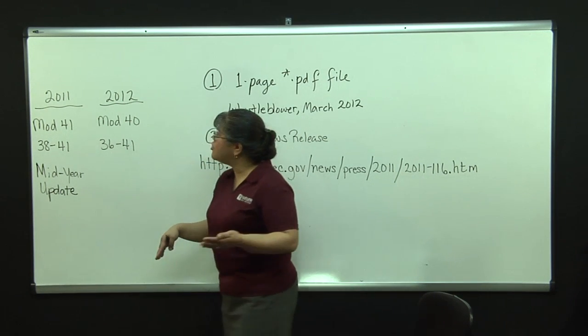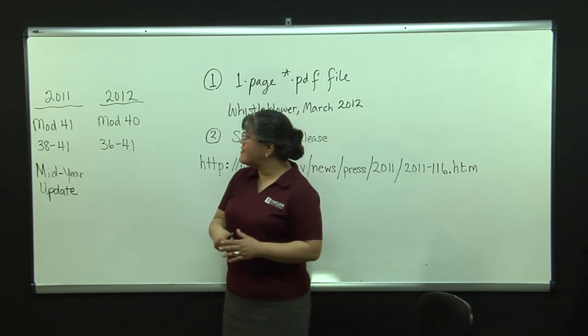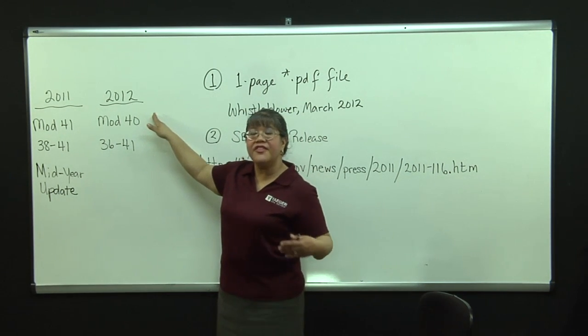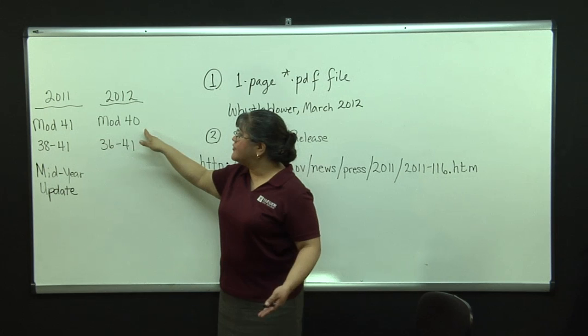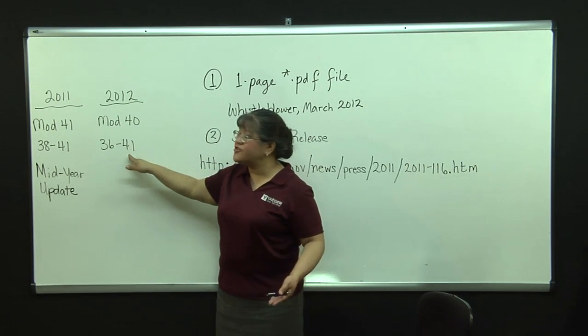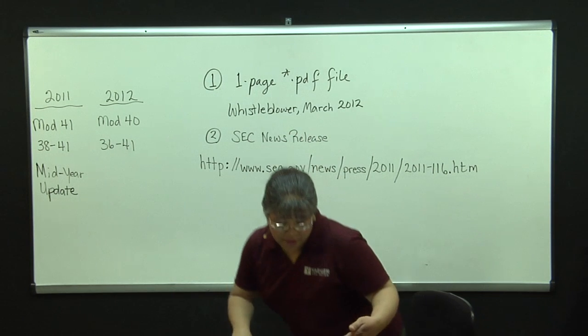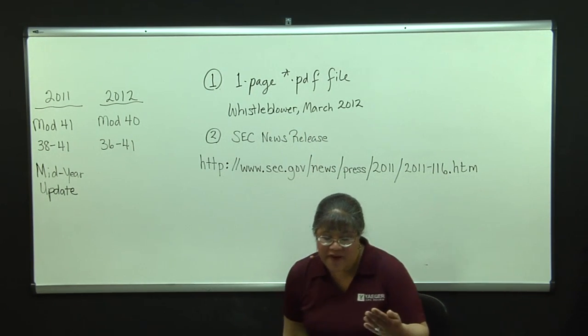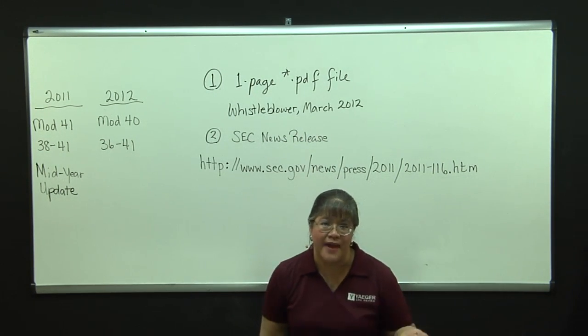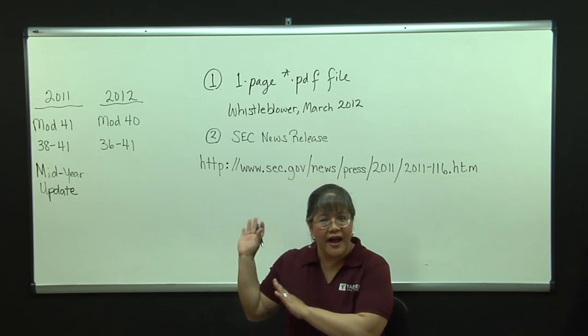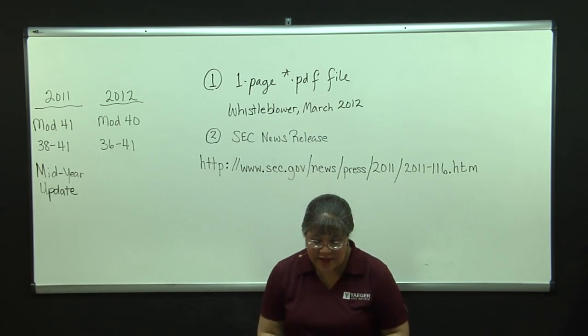If you have the 2012 Wiley BEC textbook, the monitoring devices are found in Module 40 on pages 36 through 41. So basically a whistleblower is another type of monitoring device for monitoring management behavior. That's where this information would fit in your textbook.